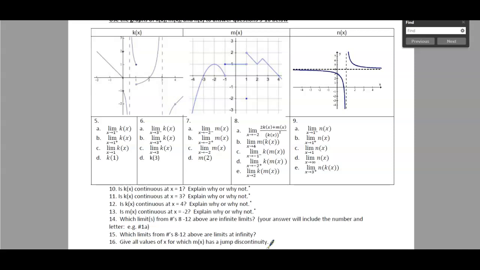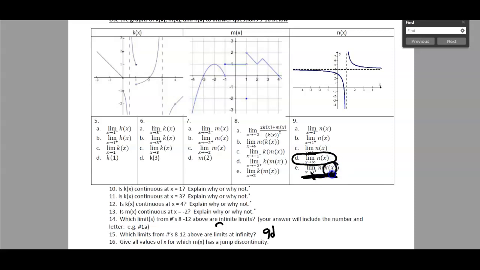Let's go ahead and take a look at number 16, or 15, I mean. For which limits from numbers 8 through 12 above are limits at infinity? Okay, so those are ones where the x itself is approaching infinity. Now, we only have one of those up here from what I can discern. It's right here. Once again, technically you could say that this is a limit at infinity, because when we put the limit in here, that was an infinite limit.